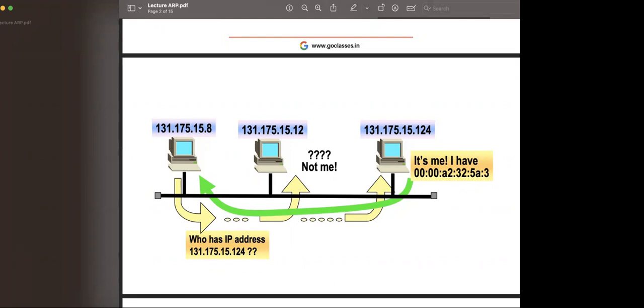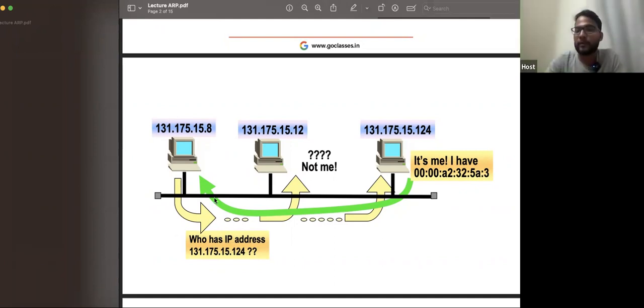So it will broadcast a packet that is called an ARP broadcast, saying who has this IP address. Then one of them will reply, okay, it's me and my MAC address is this. So basically, ARP is used to get the MAC address of some device, maybe a host or maybe a router.